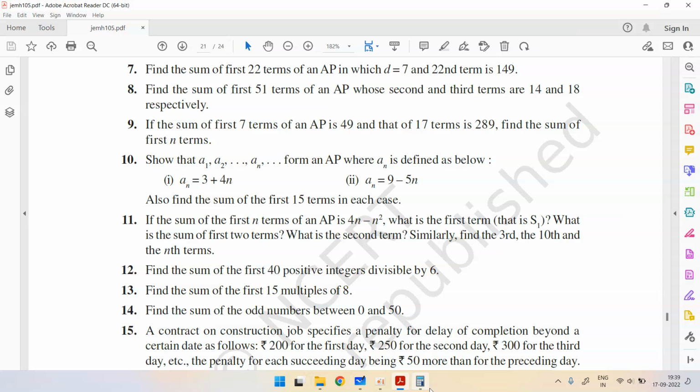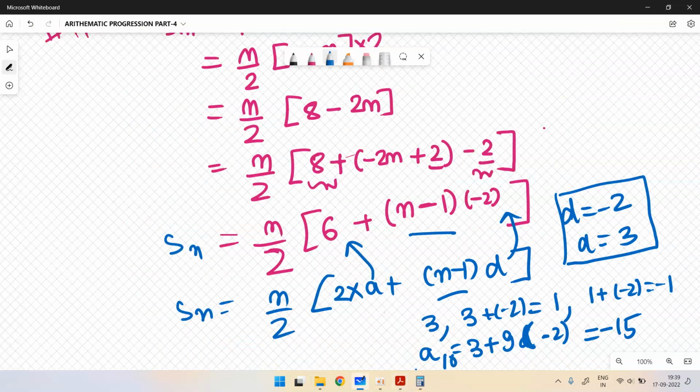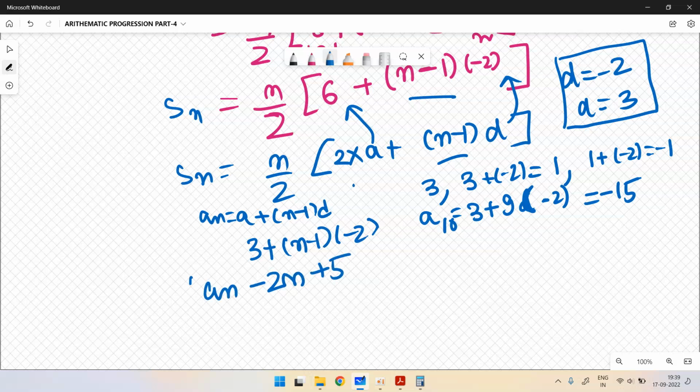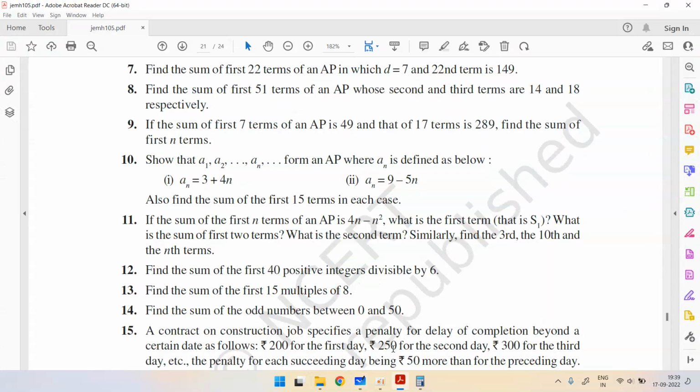For the nth term, it is a plus (n minus 1) d. Putting a as 3 and d as minus 2, the nth term is minus 2n plus 5.